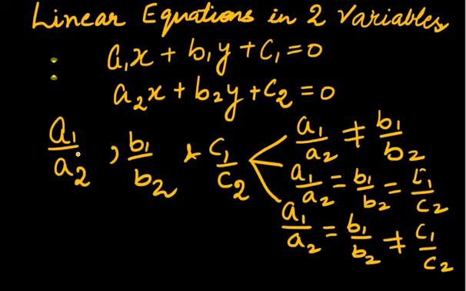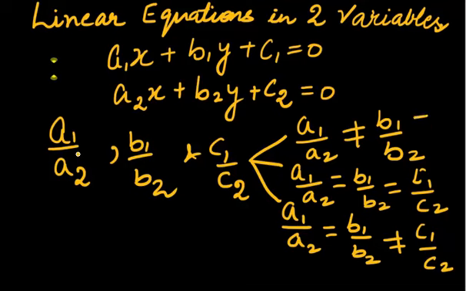Now, if we see the first case, in this, the first ratio a1/a2, which is the coefficient of x, and b1/b2, which is the coefficient of y, they are not equal to each other.